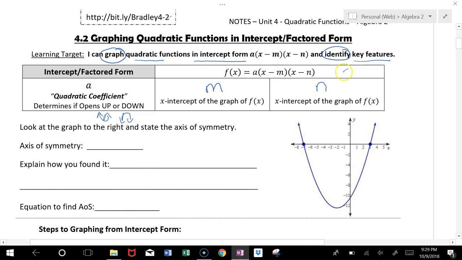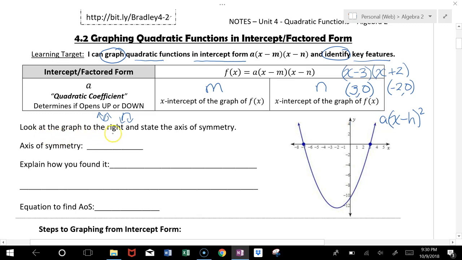So notice that if it was x minus 3 times x plus 2, then your x-intercepts would be (3, 0) and (negative 2, 0). Just exactly the same idea as x minus h from vertex form.